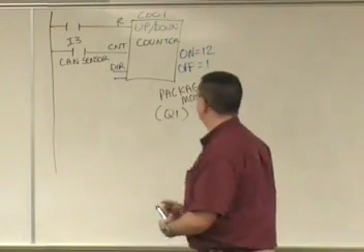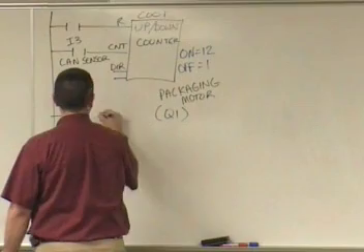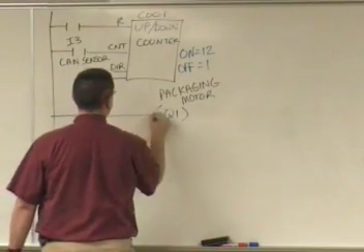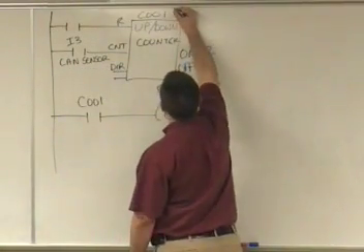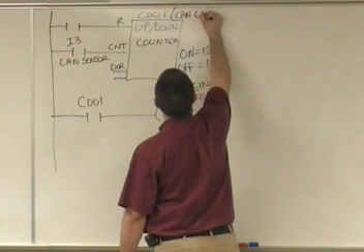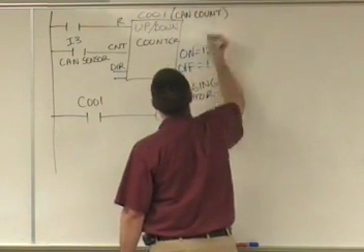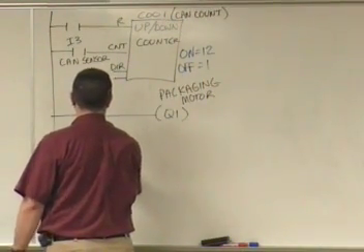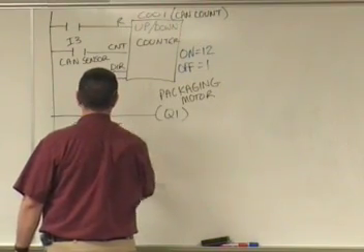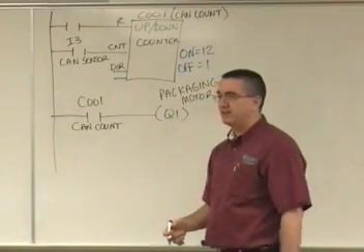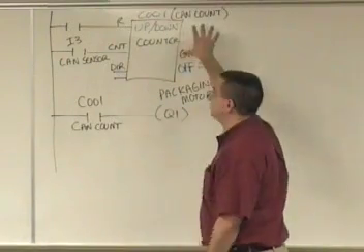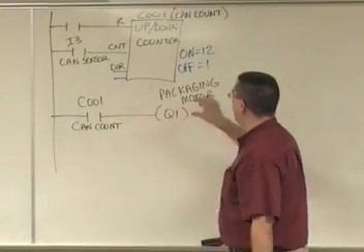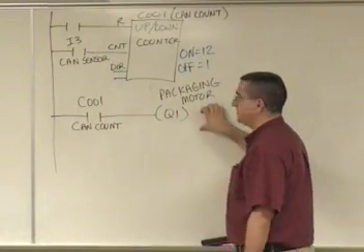Normally open C001. You got it. Normally open C001. I can even put a comment on this. This would be my can count. And rule of thumb, all contacts, all coils should have a comment. All boxes should have a comment. When my can count gets to 12, the packaging motor runs.